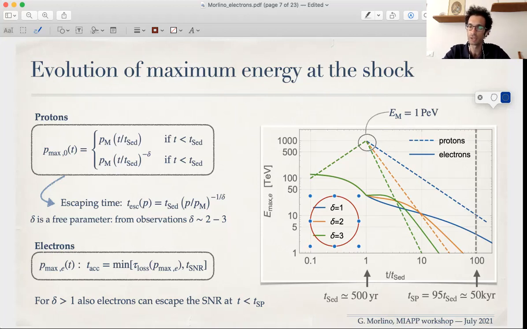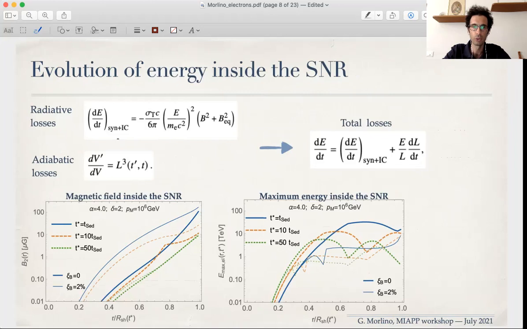This means that losses are no more important, and also electrons can start escaping from the remnant.